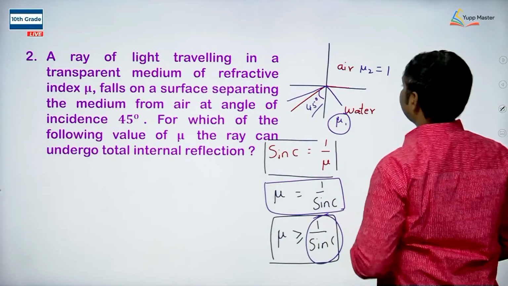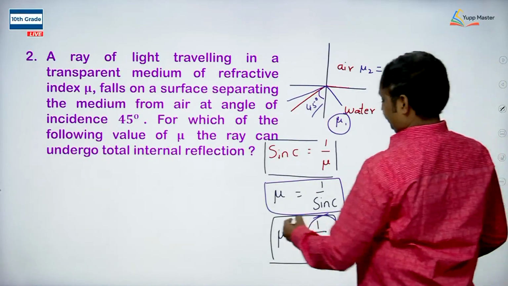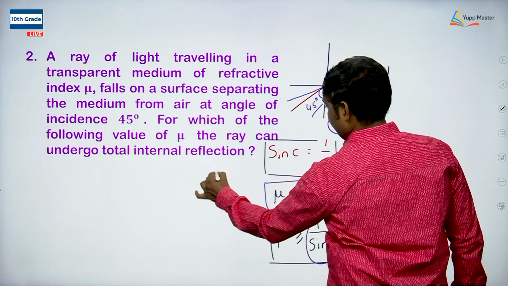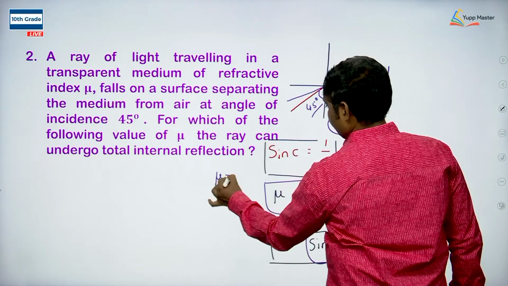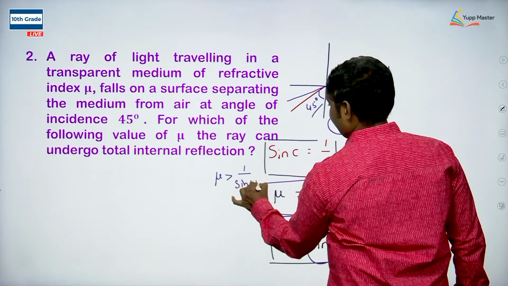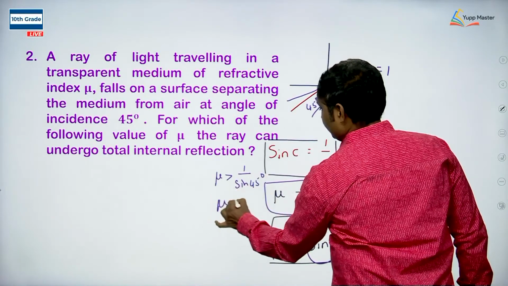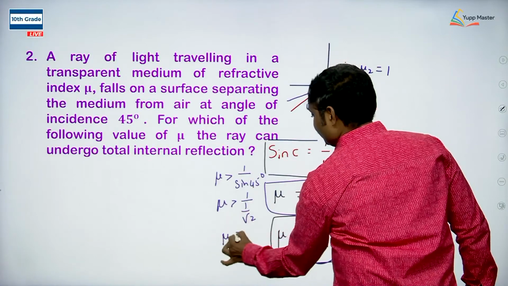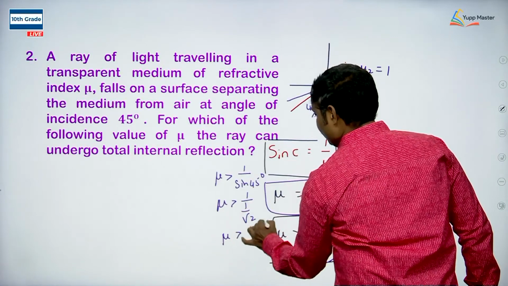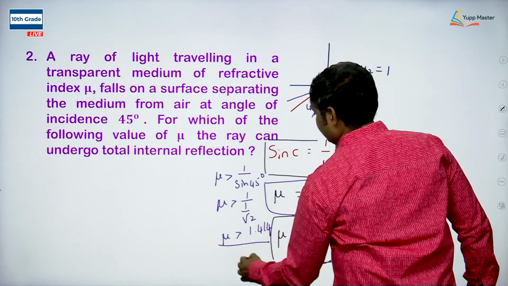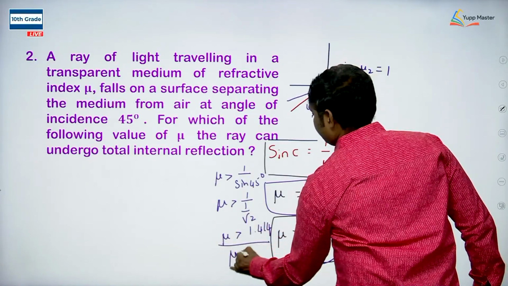Now let us see, you will take mu greater than 1 by sin 45 degrees. Mu is greater than 1 by root 2. So mu is greater than 1.414. Yeah, mu is greater than root 2.